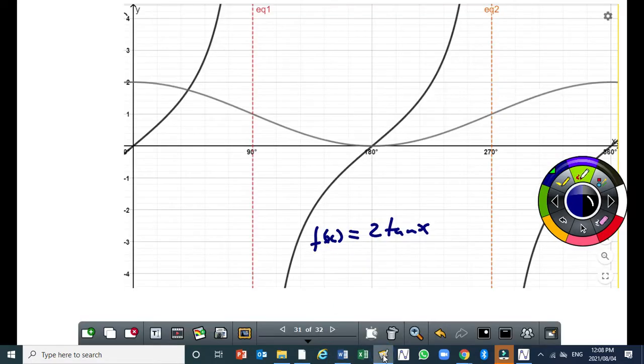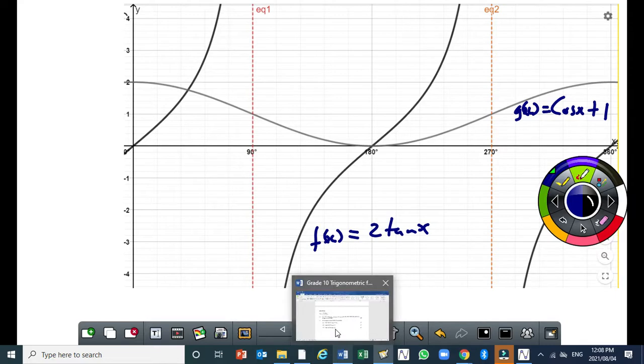And then the second one here will be g of x equals cos x plus 1. So check your graphs. The shapes were supposed to look like that. Then we had to use these 2 graphs to answer some questions.